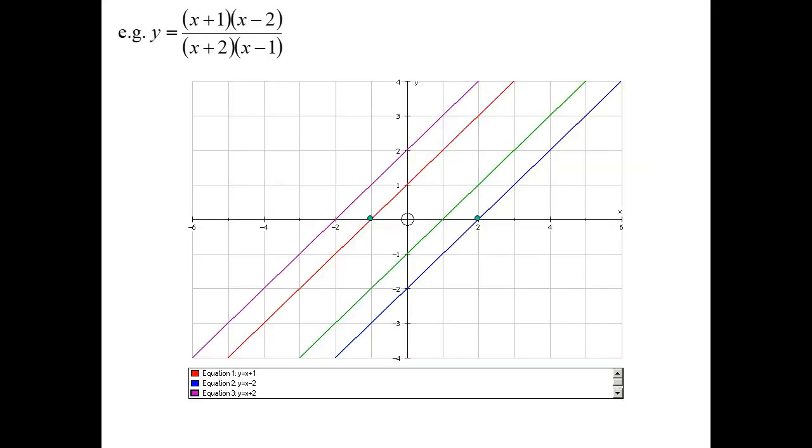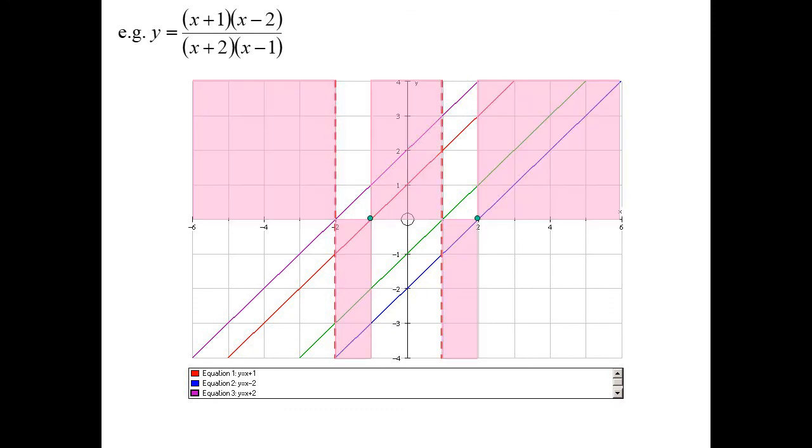So here's x plus 1, x minus 2 over x plus 2, x minus 1. Drawn in the 4 lines, we will have x-intercepts at -1 and 2, because that's the top of the fraction. But the bottom of the fraction, we won't end up with x-intercepts, we'll end up with asymptotes. Now I can work out my regions, because I can still use the same idea.